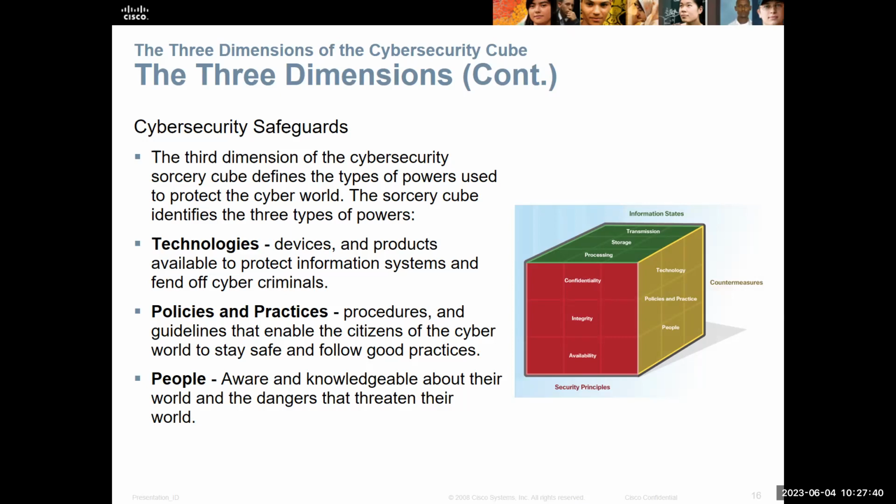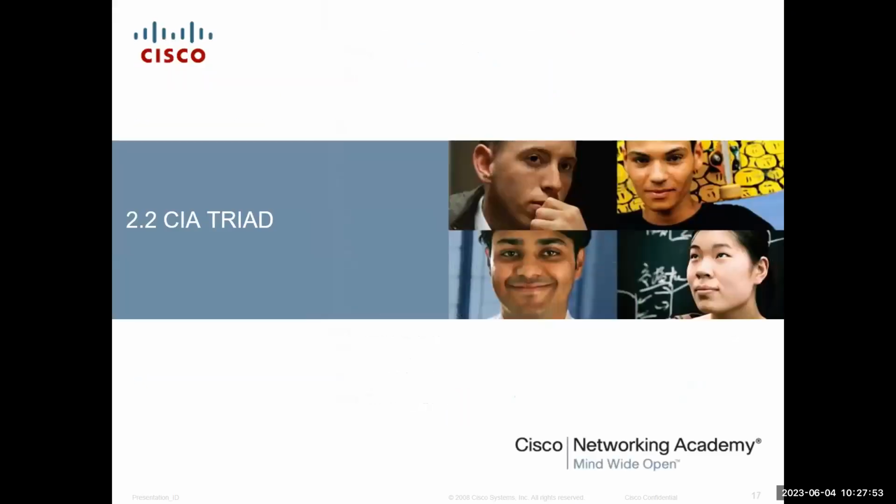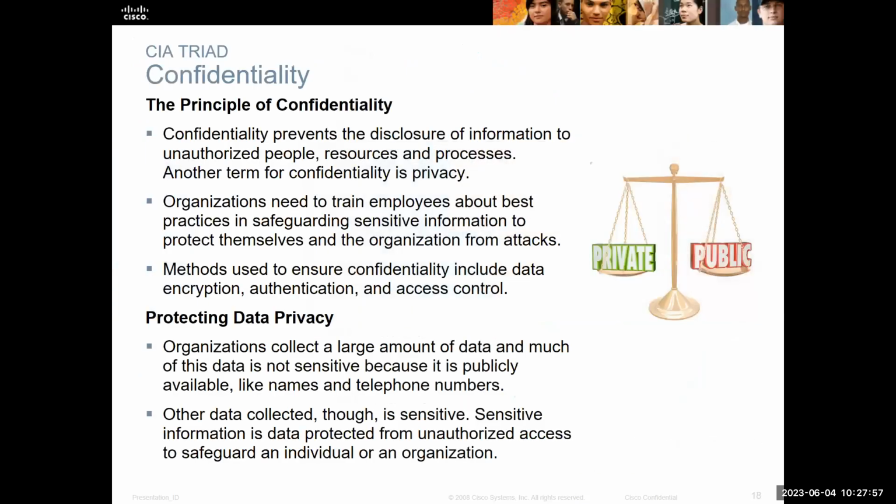We are going to look in much more detail at the different data states and how we could learn some tips and tricks on how to safeguard and protect the data in these different states. Now, this CIA triad, we are going to discuss in much more detail here.